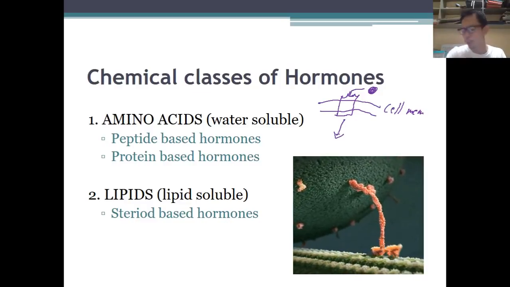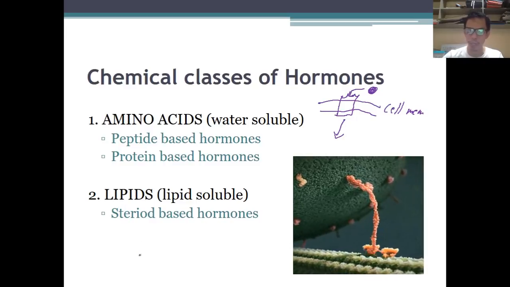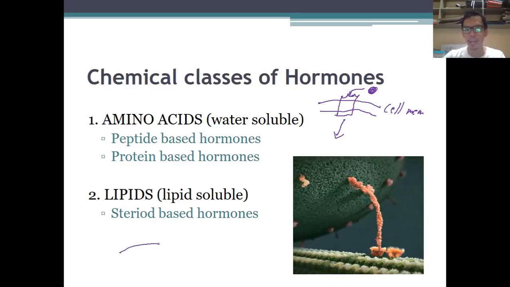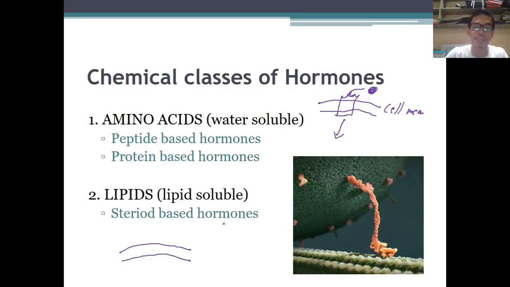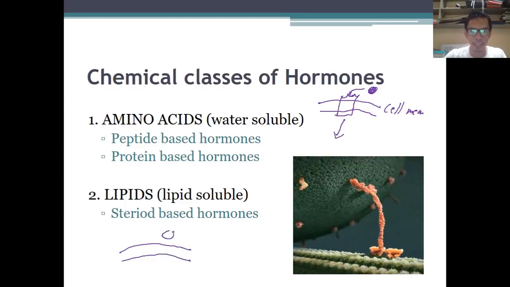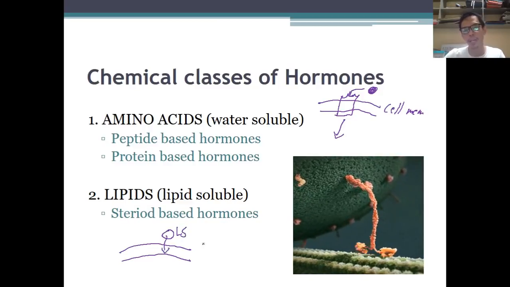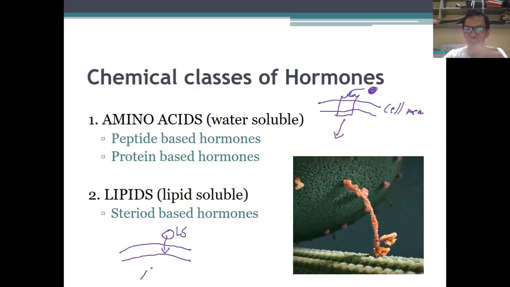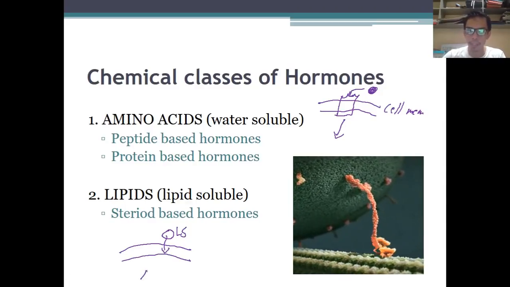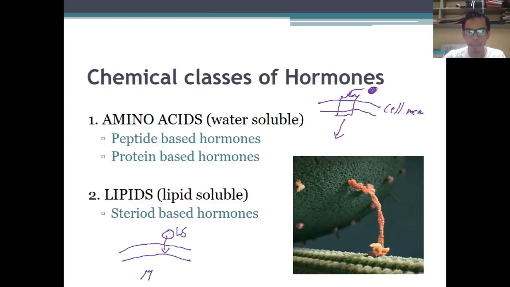Meanwhile, the lipid-soluble hormones are hormones that can easily pass through the cell membrane. This is the lipid-soluble hormone, and it will enter gracefully inside the cell. The receptor of these hormones, instead of being on the cell membrane, is located inside the cell.